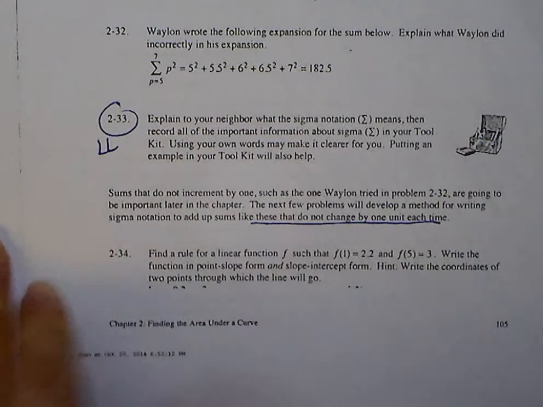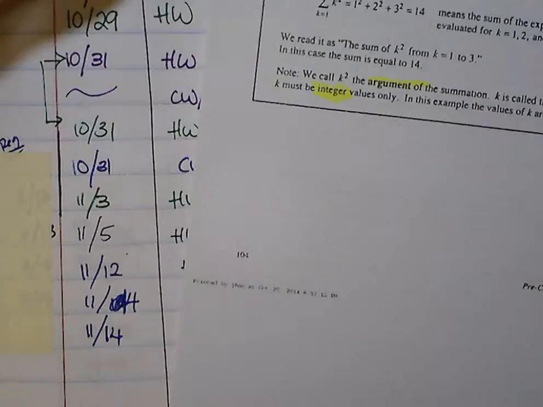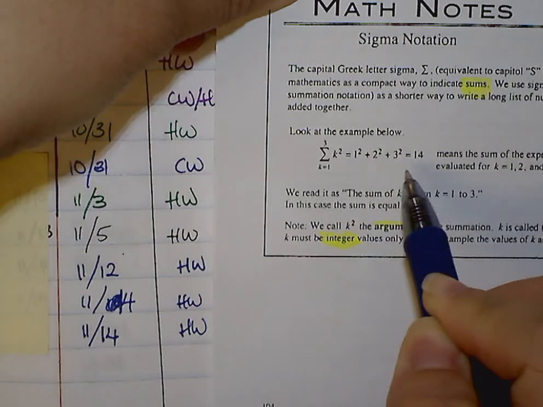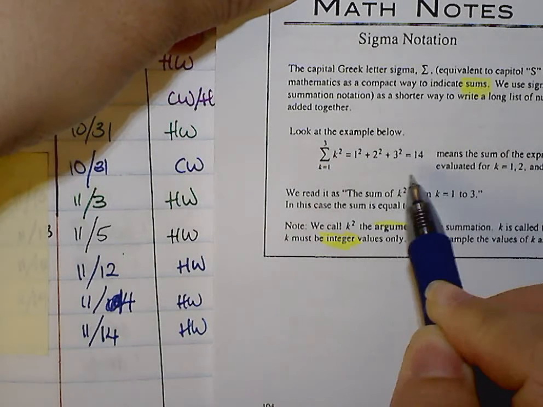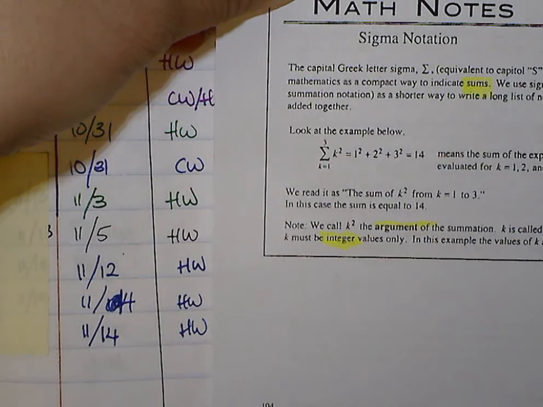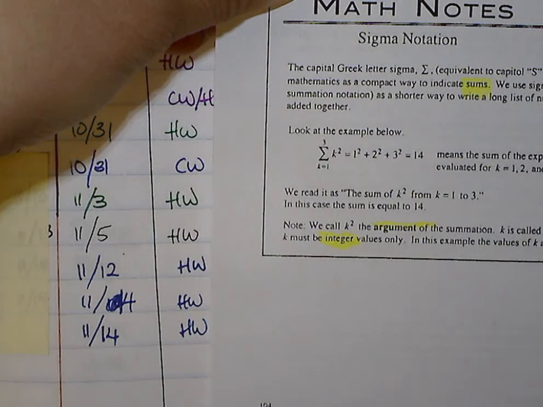The sigma notation is a shortcut for us to notate a series. This is a series because it's a sum of a sequence of numbers. A sequence is a list of numbers. A series is the sum of the list of numbers. Sigma notation helps us denote a series.